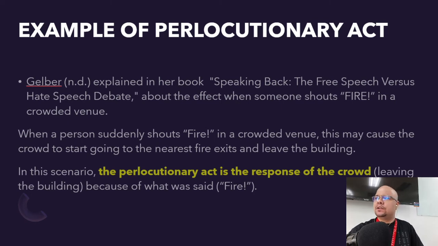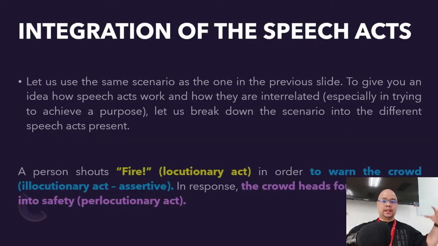So let's look at how we can integrate the different speech acts for you to have an idea as to how they actually work in real life. Let's use the same scenario of shouting fire in a crowded place. The actual word, fire, is the locutionary act. That is the utterance. Now, why did the person shout fire?